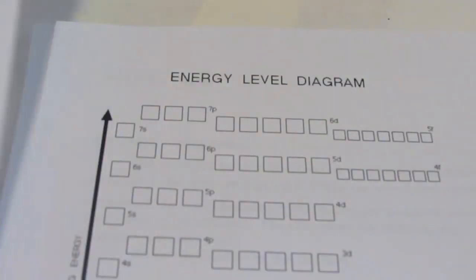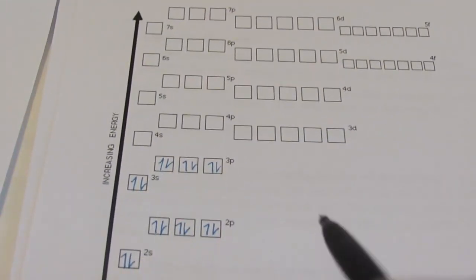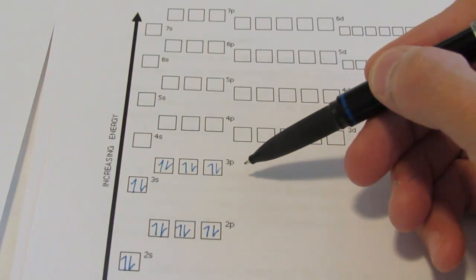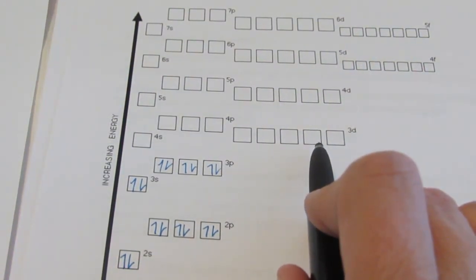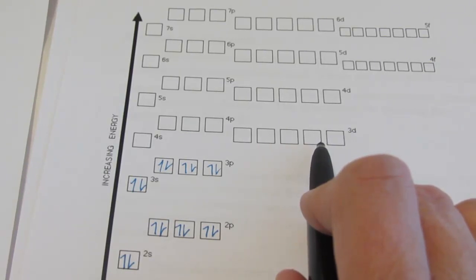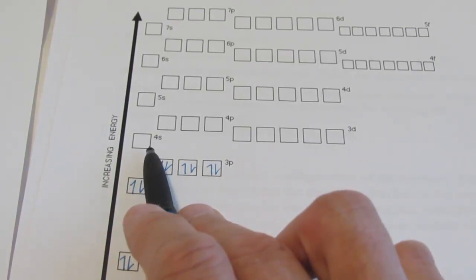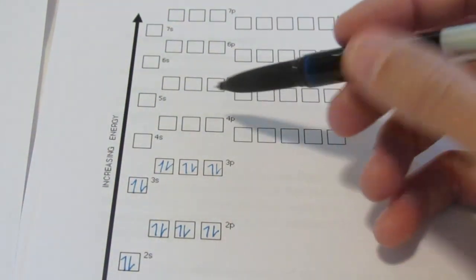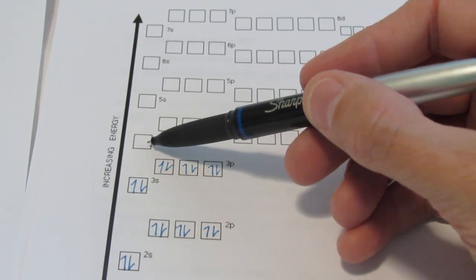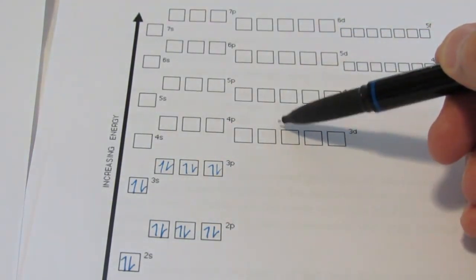In our hotel, you'll notice something strange happening. After the 3p fills, you would like to go to the 3d. The 3d is closer than the 4th energy level. And the 4th energy level is definitely further away. This is energy, not distance. But if you take a look, the 4s takes less energy to get to than the 3d.